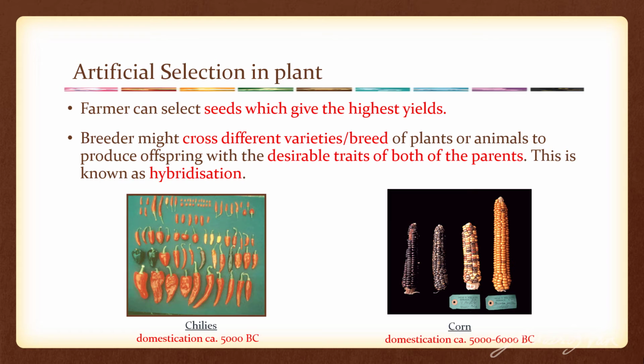And this is known as hybridization. So for example, sugarcane that is very sweet, but it might be prone to disease. So you find a wild sugarcane that have resistance to disease, then you cross-pollinate them to produce offspring with both the desirable trait of having a lot of sugar, very sweet, as well as resistant to disease.